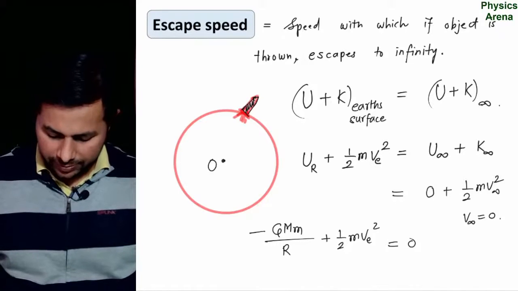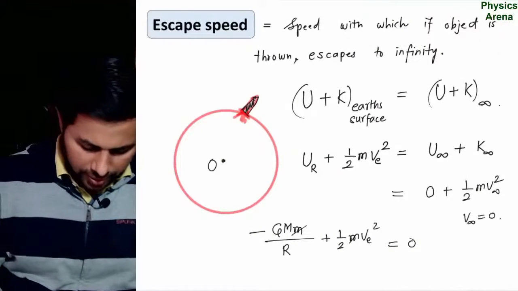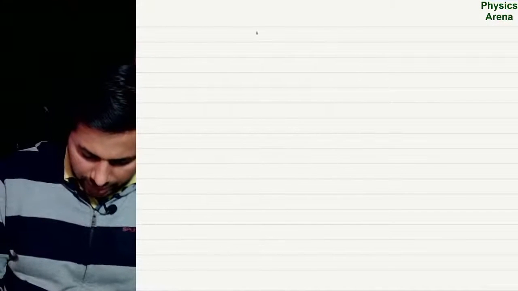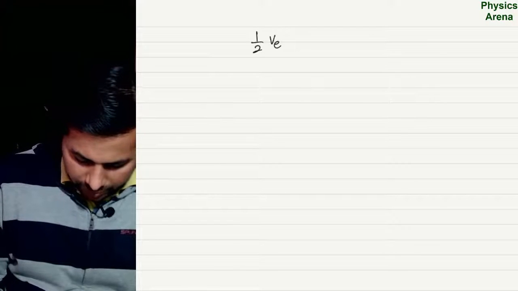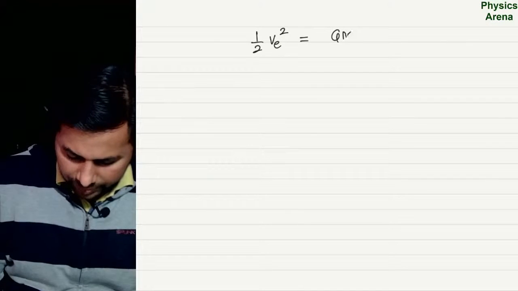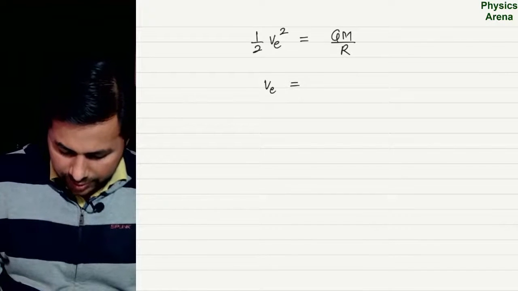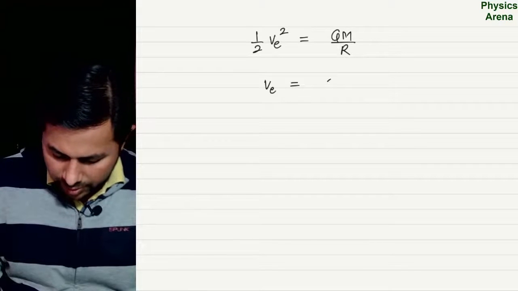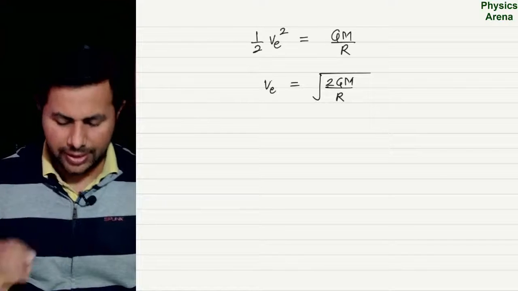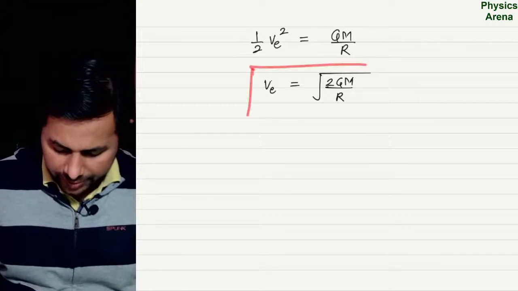Then you can cancel out small m and simplify this, so you get half of v squared equals GM over R. You can take 2 to the other side, so v squared will be 2 times GM over capital R, and if you want v, then it will be the square root of that. So this is the escape speed.